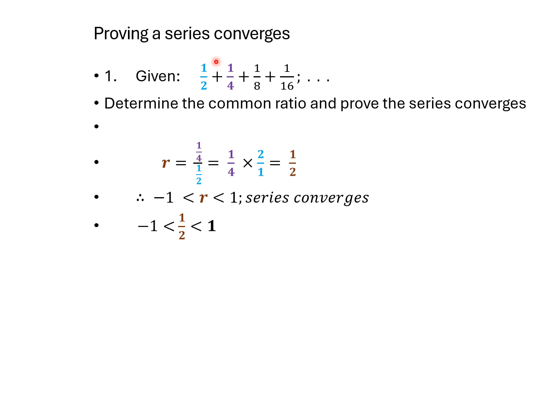So r for this sequence is half, and half is less than 1 and greater than minus 1. For a series to converge, r must always be less than 1 and greater than minus 1. Half is smaller than 1, and half is bigger than minus 1. Therefore, the series converges. All right, let's look at the next problem.